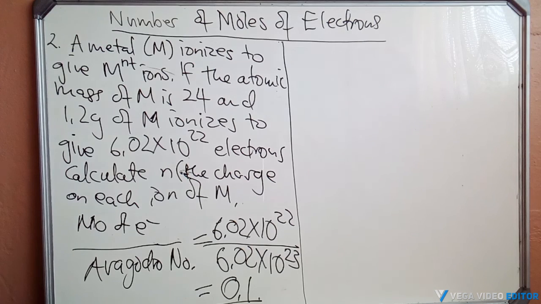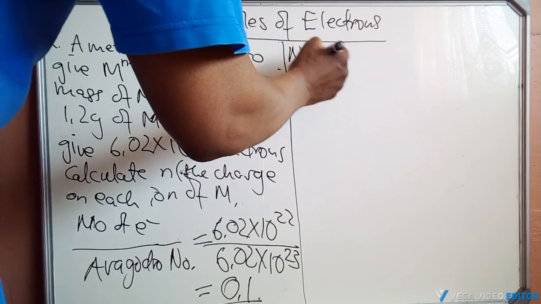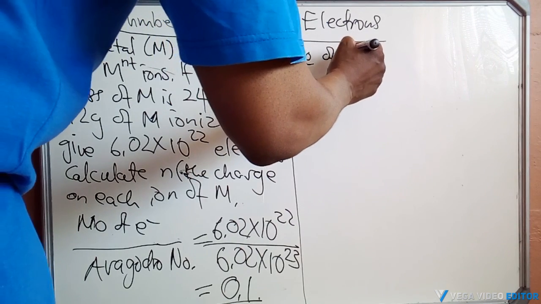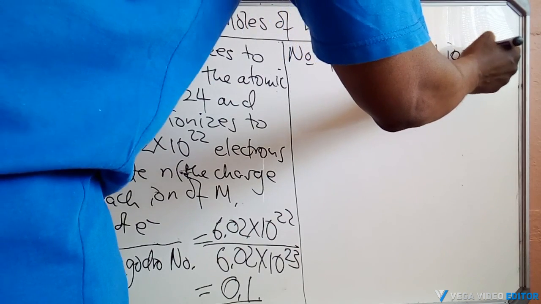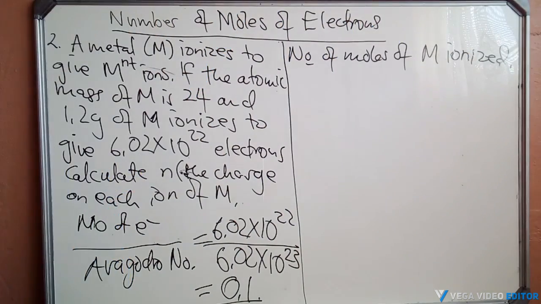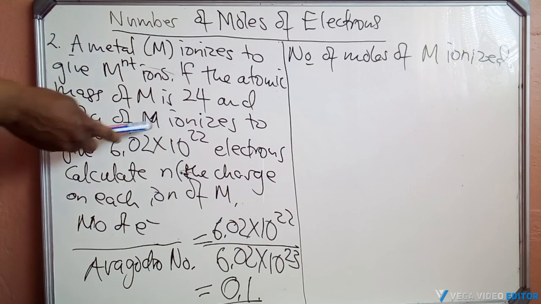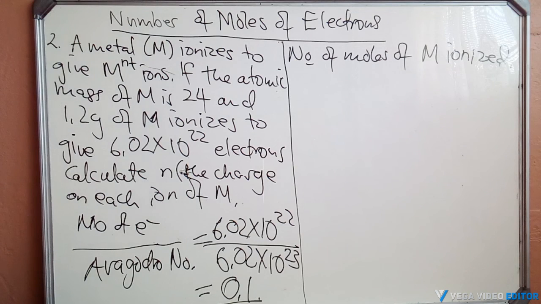Now, the next thing that you should do is to find the number of moles of M ionized. We are only given that it is 1.2 grams of M that ionizes out of the mass of 24 grams of M. We have only 1.2 grams of M ionizing there.